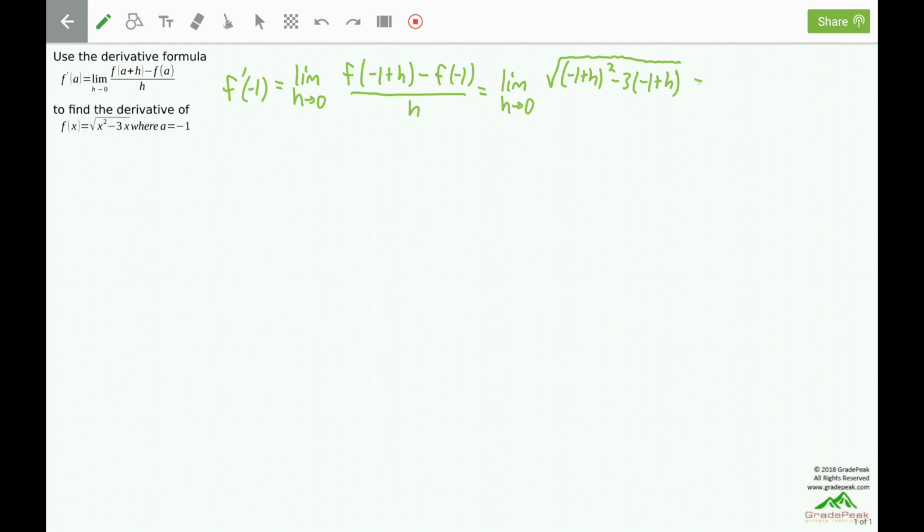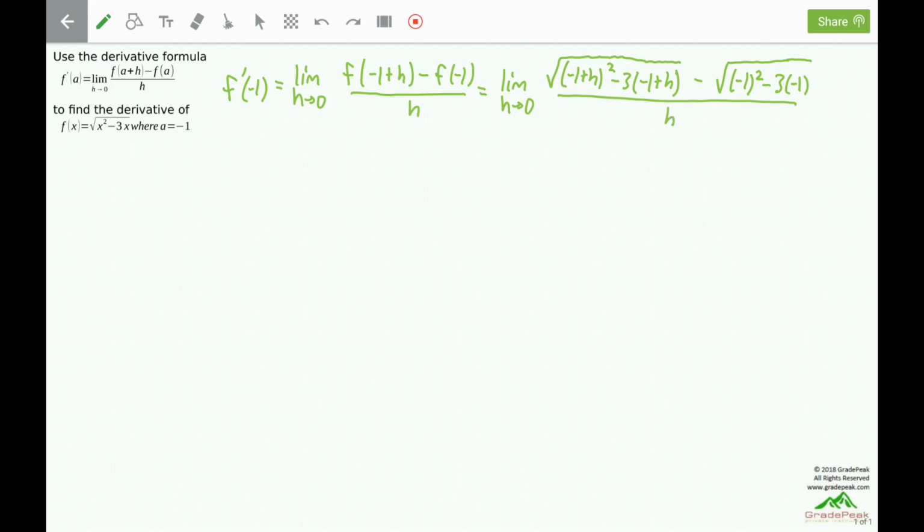And we're going to subtract from that f of negative 1, which is going to be the square root of replacing all the x's with a negative 1, negative 1 squared minus 3 times a negative 1. All this is over h.